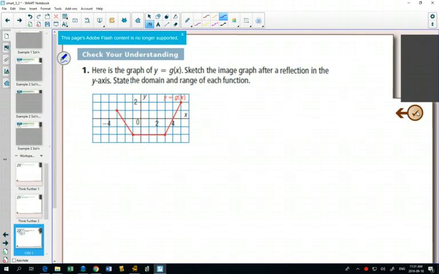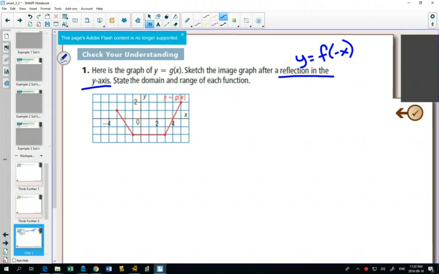If I'm reflecting something over the y-axis, things are moving horizontally. It's my x value that's changing. But sometimes you might want to underline something like this and just make a note in function notation that that's f of negative x. The negative is inside.